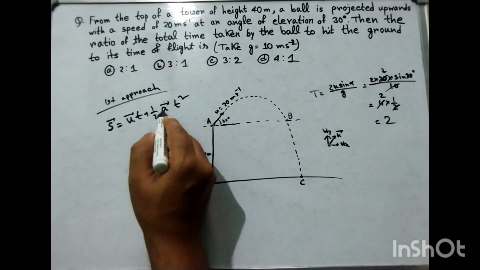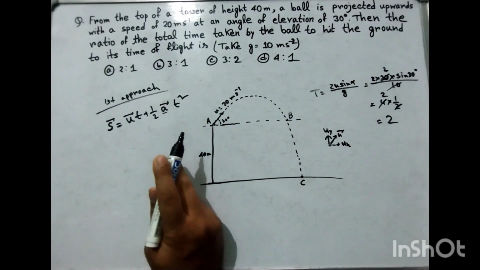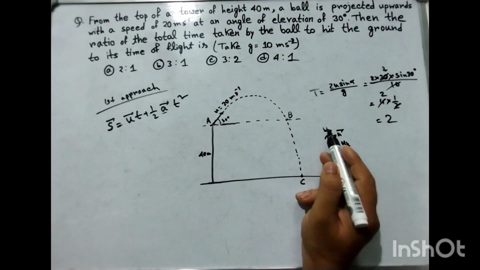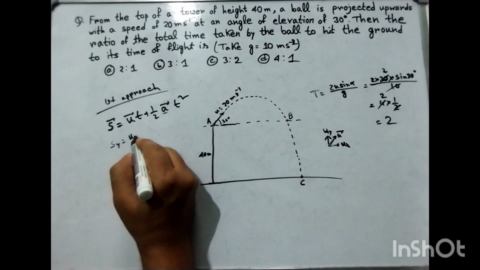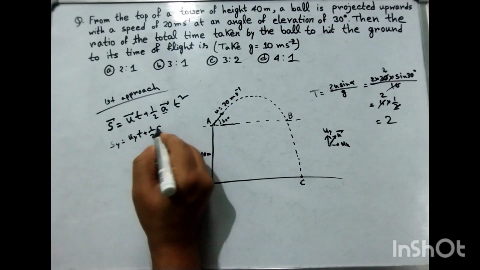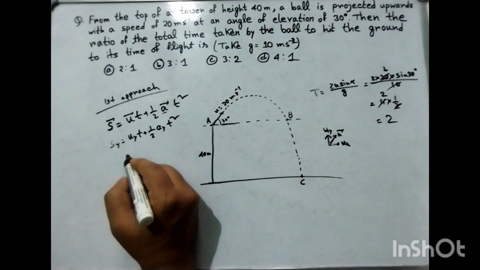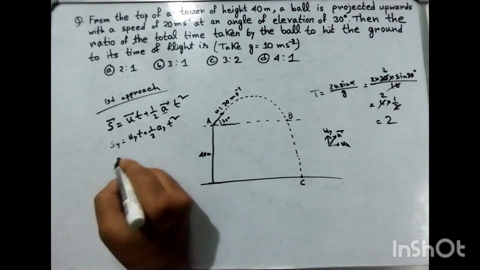And we have studied the cases of constant acceleration in one dimension, so here we will deal with only the y components. So it will be sy equal to uy t plus half ay t square. ay is minus g because along the y-axis gravity is working and it is downwards.